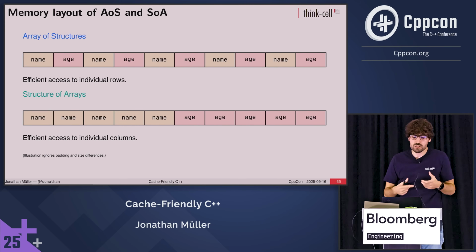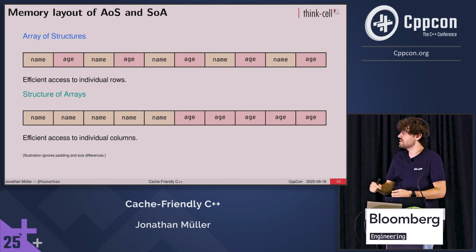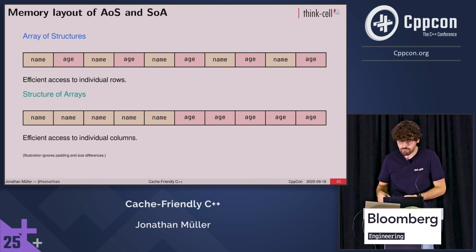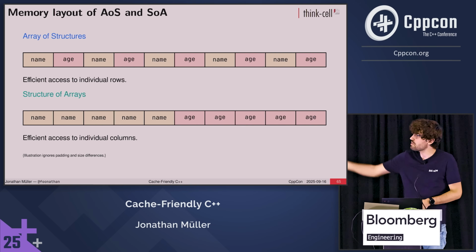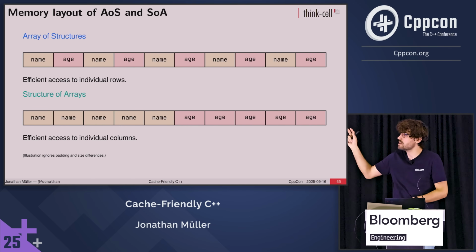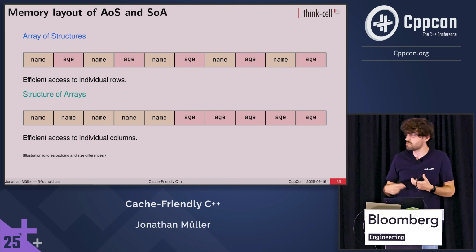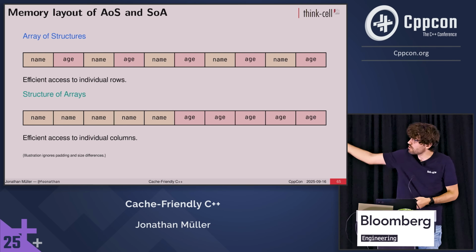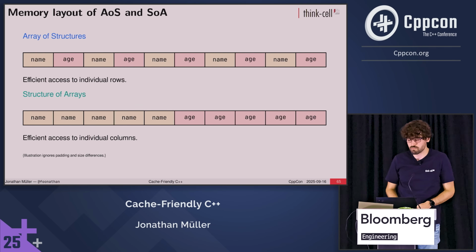And this gives us efficient access to individual rows if we view it as a database. So we can easily get all the data related to one person. Whereas with the structure of arrays, we first have all the names and then all the ages. And this gives us efficient access to individual columns, right? So we can very easily write programs that operate on all the ages without caring about the names.